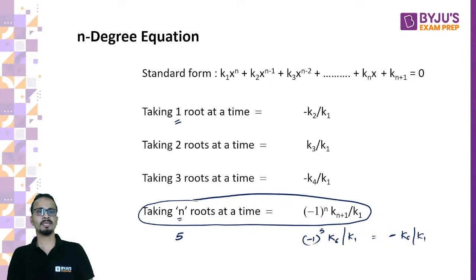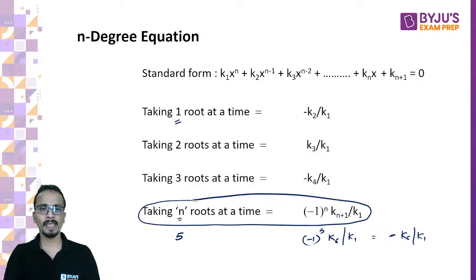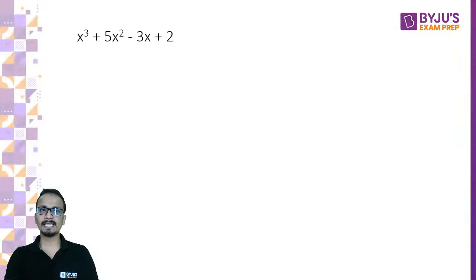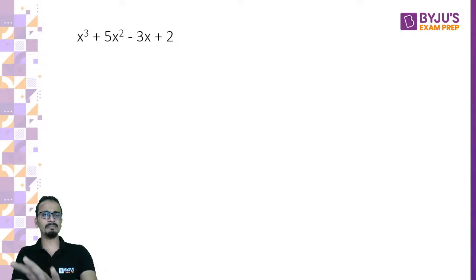All right, so this was something in general related to the roots of the equation. Now let's see some questions. So the equation given to you is x cube plus 5x square minus 3x plus 2. I'll be a little slow in this case. First of all, you must have a pen and paper.